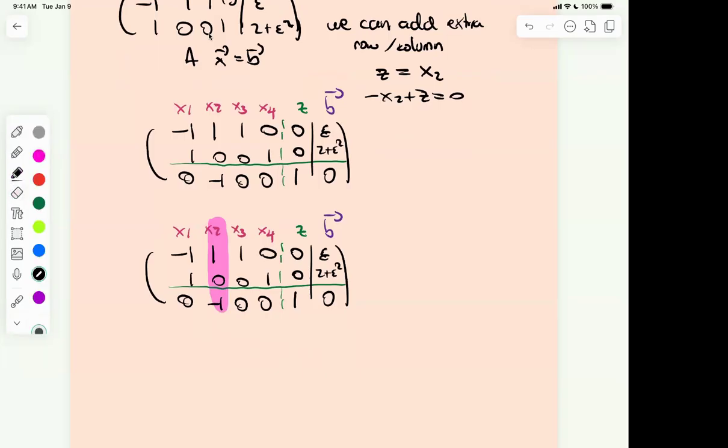The ratios are epsilon over 1, which is epsilon, and 2 plus epsilon squared over 0, which you can call infinity, or you don't do it if the ratio is 0. You choose the smallest positive ratio, and that ratio is epsilon.